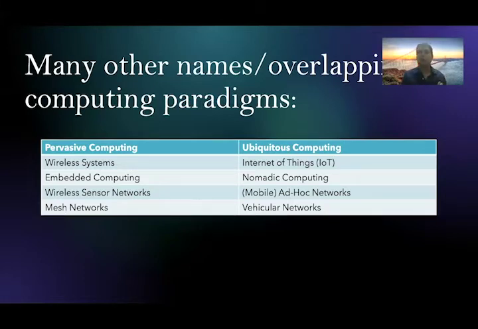So that one we consider as pervasive computing. Ubiquitous computing refers to Internet of Things, nomadic computing, ad hoc network, and vehicular network. So this is in terms of computer paradigm. We have a few examples of pervasive computing and also ubiquitous computing.